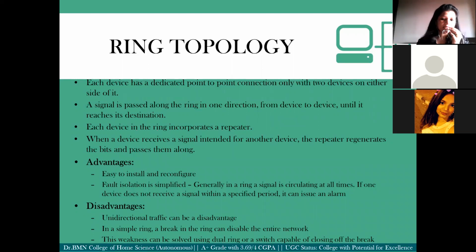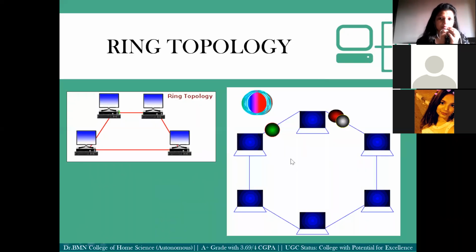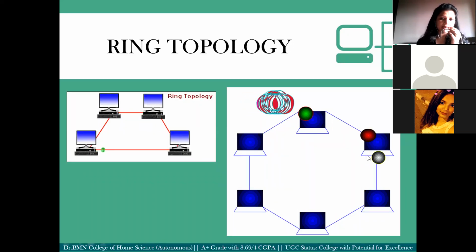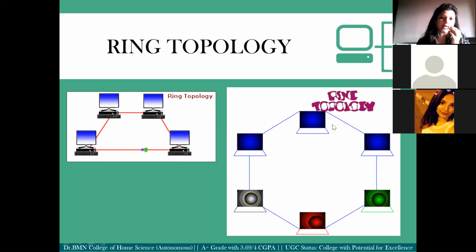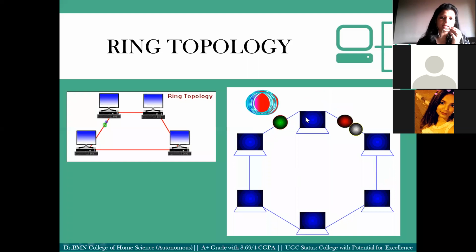Now there is one disadvantage here. What is that disadvantage? If this is only in one direction, suppose this link is not working, what will happen? It is going like this, correct? From here it is getting transmitted.